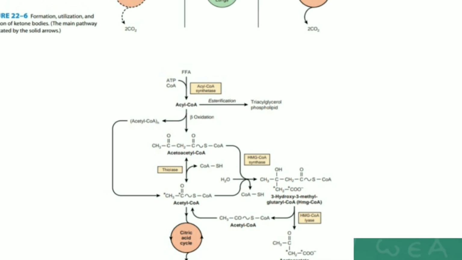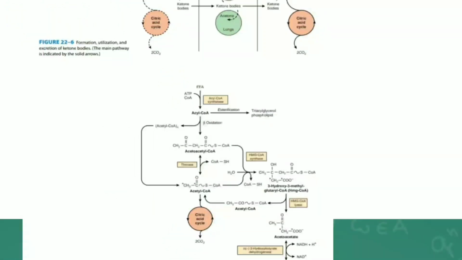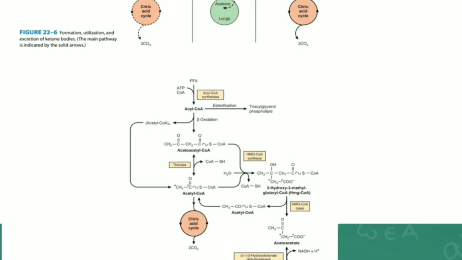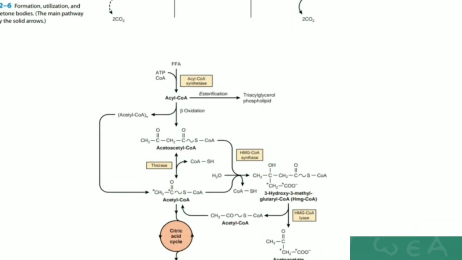We can see here, this is the acetoacetyl CoA formed here. Now condensation of acetoacetyl CoA by the enzyme 3-hydroxy 3-methyl glutaryl CoA synthase, also known as HMG CoA synthase, will form the HMG CoA.